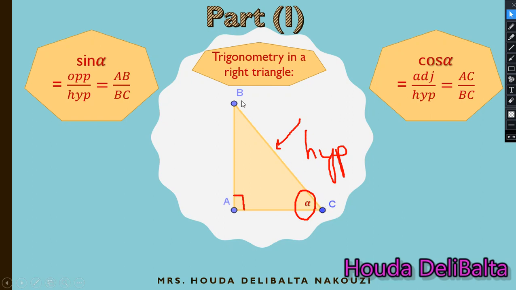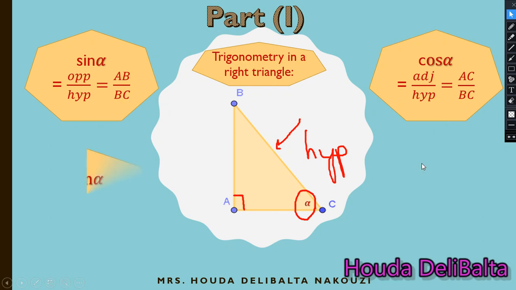Some may tell me, okay, this is also an adjacent side, but when I say the adjacent side to alpha, I mean the adjacent side other than the hypotenuse. So we take this side, which is adjacent to alpha, which is AC, and this is the hypotenuse. We divide them and we will get the answer. If we have numbers, we can simply evaluate and get the answer.